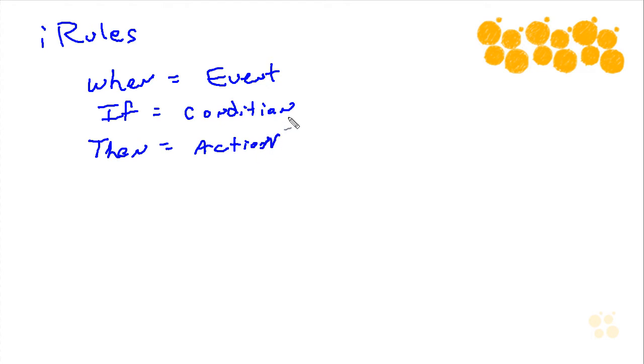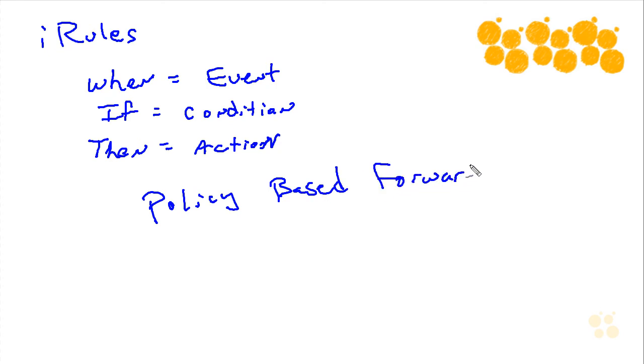Once we get that structure down, it's just a matter of using our imagination for at what point we want to change something, what we want to match, and what we actually want to do manually to create our policy-based forwarding. And that's what an iRule is.